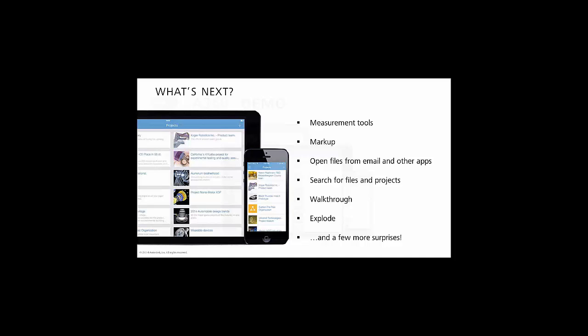But definitely walkthrough is something coming up pretty soon. So you can just switch the walkthrough control and walk through the design. And that's something that would apply to both A360 web and the mobile app, correct? The walkthrough. Yes, both teams are working on it.